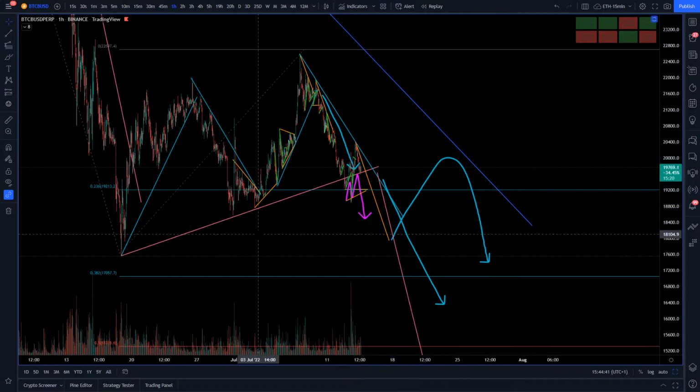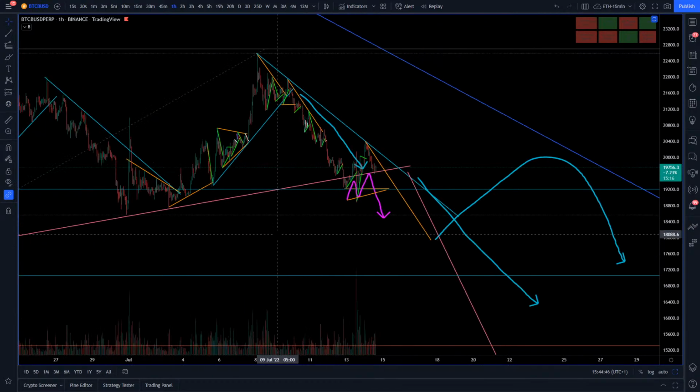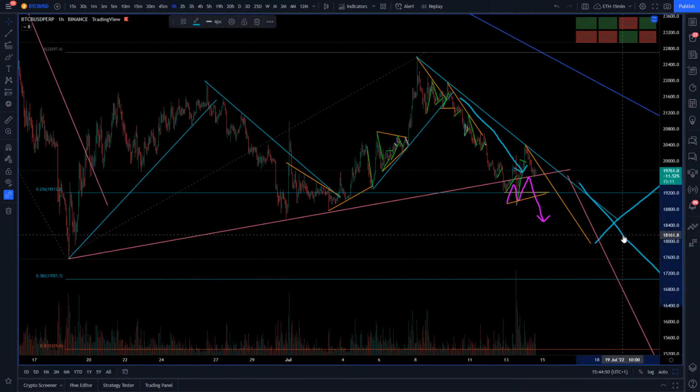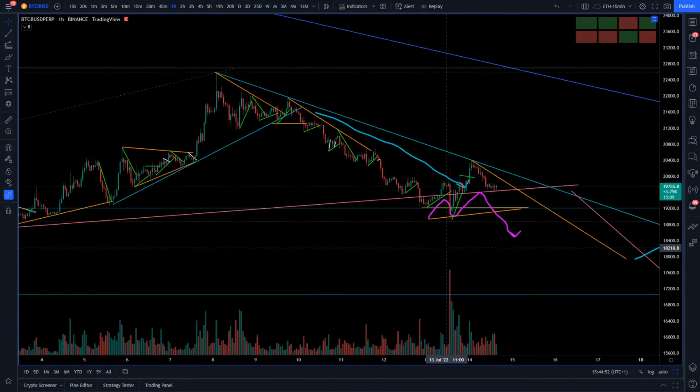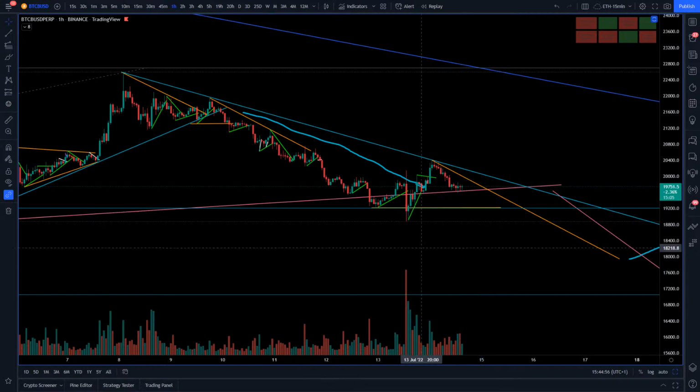Okay. So now we look at shorter term, which is our this line. Hold on.